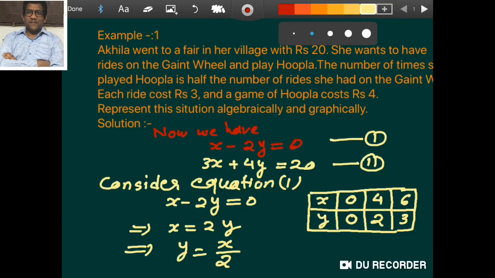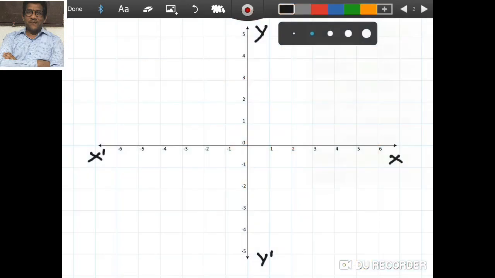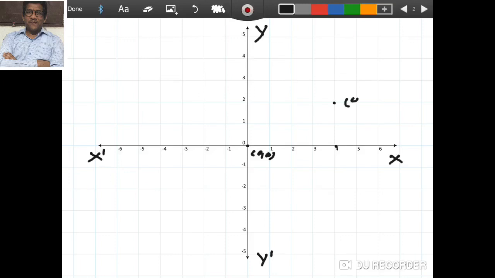Now plot the following points in the Cartesian plane: 0, 0, 4, 2 and 6, 3. Here it is the point 0, 0. Now plot the point 4, 2. x is equal to 4, y is equal to 2. We will get this point 4, 2, and the next point is 6, 3.